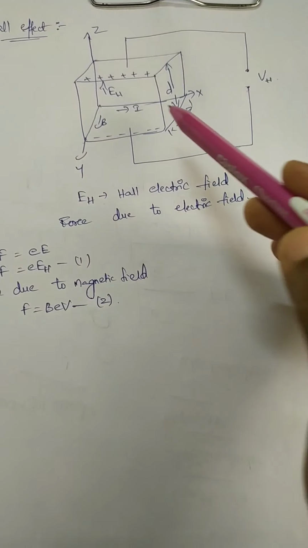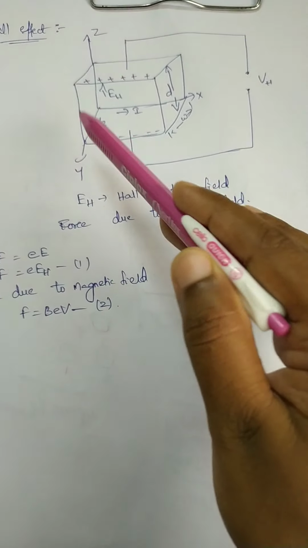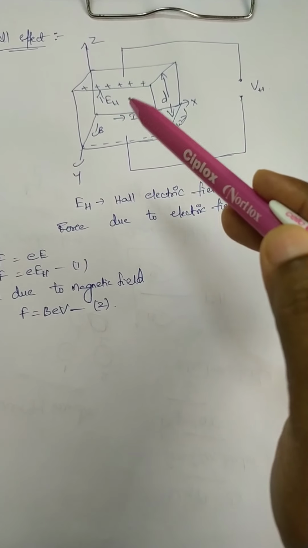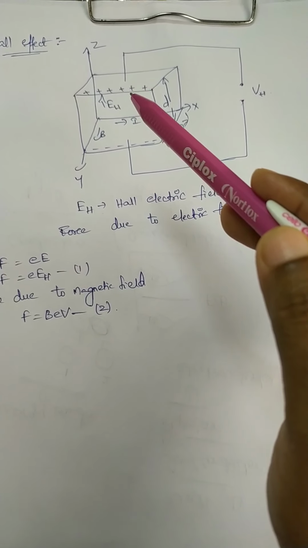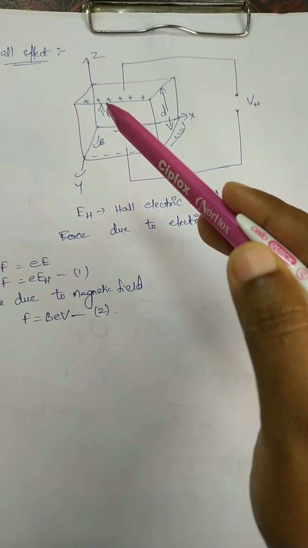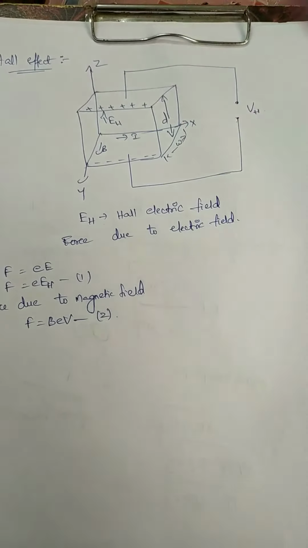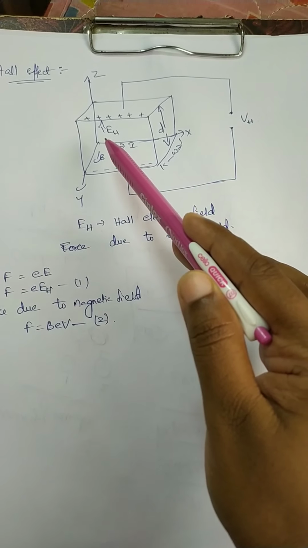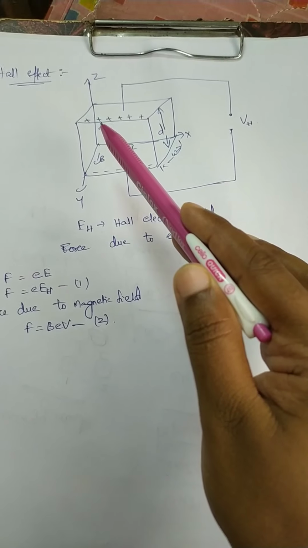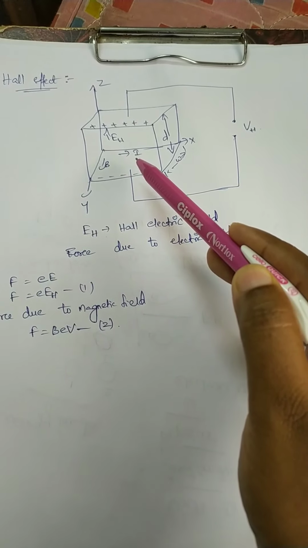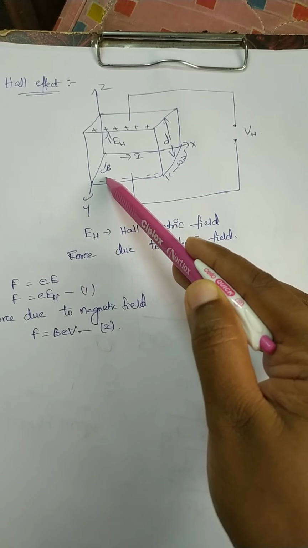Let us consider that this is one of the semiconductors. When a current carrying semiconductor is subjected to a transverse magnetic field, an electric field is developed across the semiconductor in a direction perpendicular to both the current and the magnetic field.